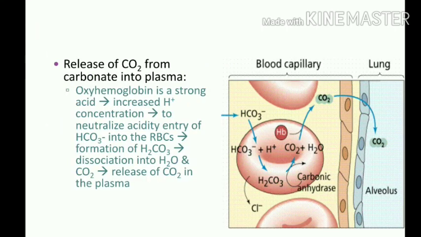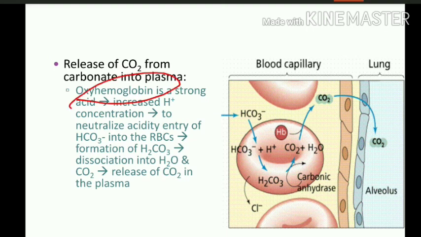Now, how is this carbon dioxide released in the lungs? First, release of carbon dioxide from the dissolved solution. Second, carbon dioxide is released from the carbonate into the plasma. Here, when oxygen enters inside the RBC and binds with the hemoglobin, there is formation of oxyhemoglobin.